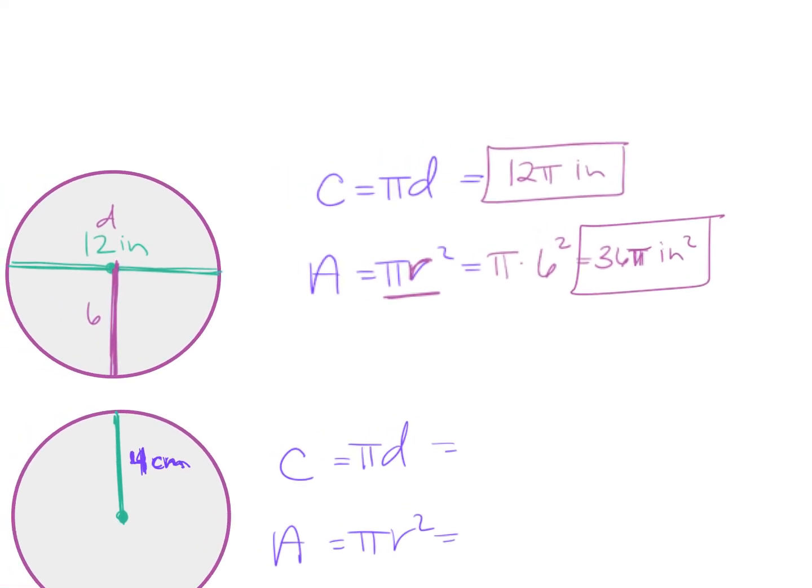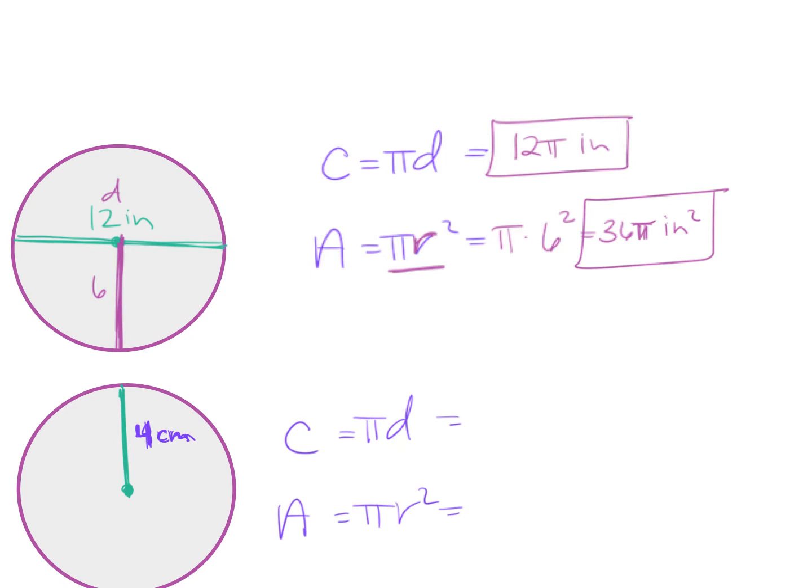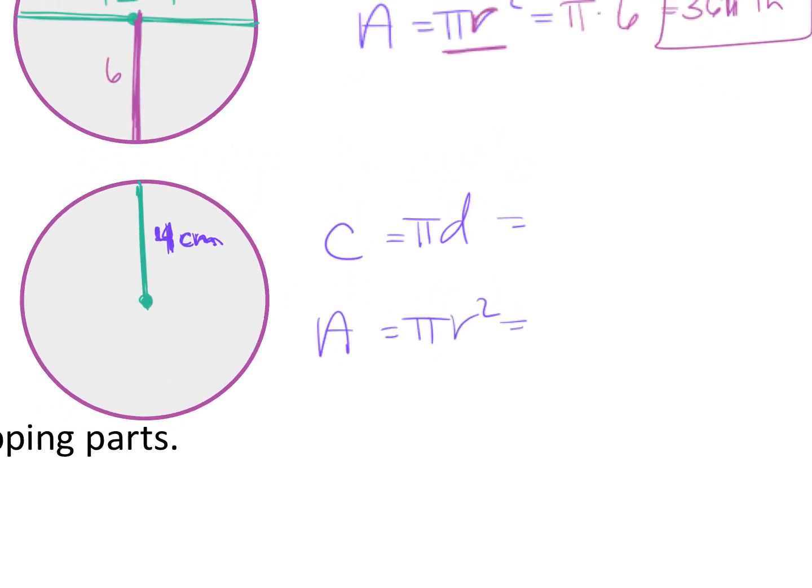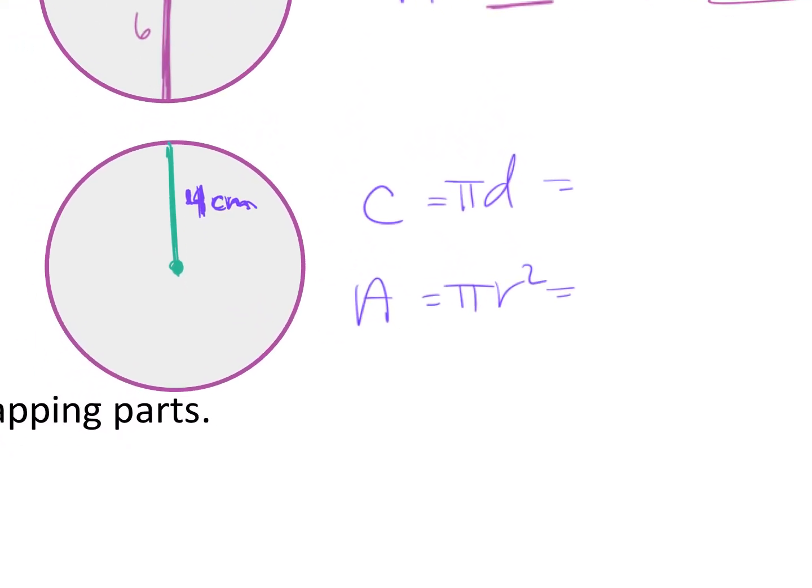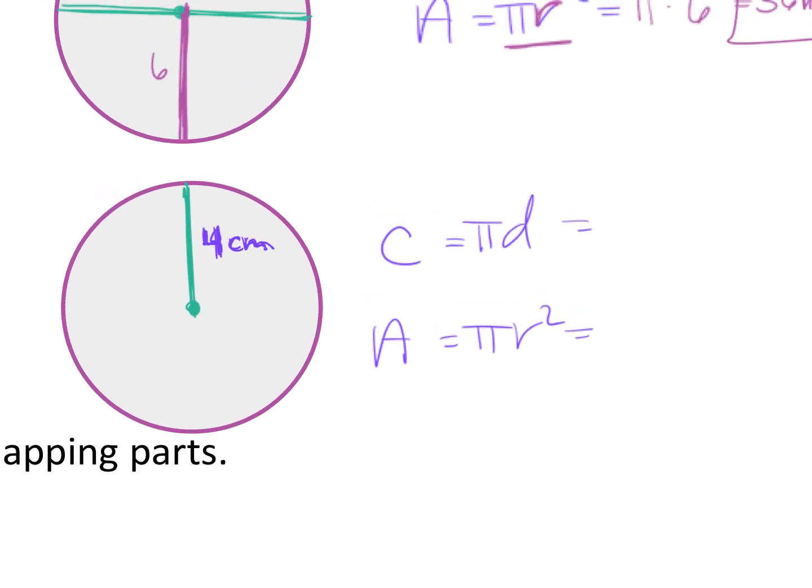Okay, now this next one is a totally different problem because they give you different information, but you're using the exact same formulas. Circumference is pi d, area is pi r squared. That's 4 centimeters. So how do I find the circumference? Pi times the diameter. What would the diameter be?